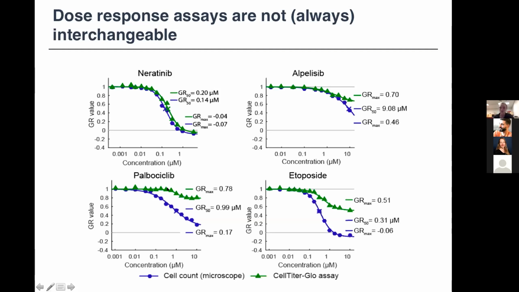That's not always the case, and the opposite extreme is palbociclib, where a CellTiter-Glo assay would lead you to conclude that this particular cell line is not at all sensitive, whereas a microscopy-based assay would lead you to conclude that there's actually quite a dramatic effect.